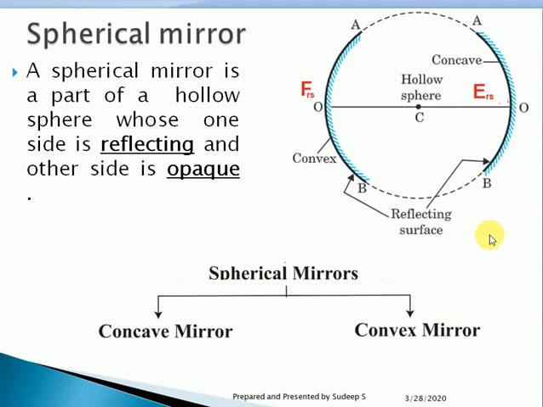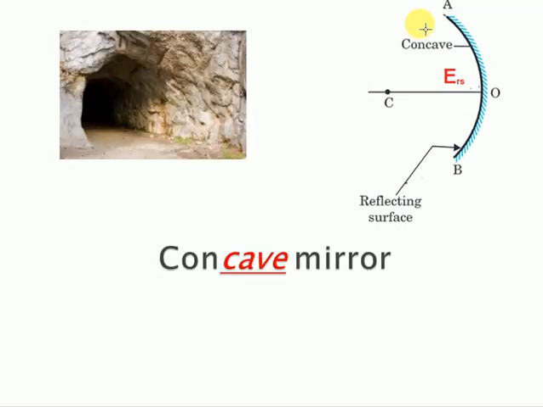Some of the students get confused between concave mirror and convex mirror while drawing a ray diagram, that which side is reflecting or which side is opaque. To avoid such confusion, we'll create a simple analogy. So this is a concave mirror.